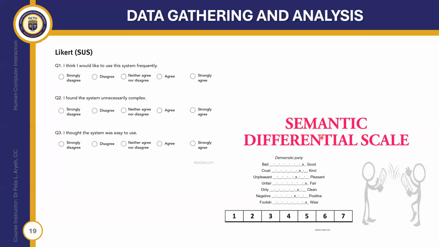This is an example of a semantic differential scale. So in this case, we can see the answers that are available in here. We have about 7 different gaps, which is a scale that has been given here. So you make a choice based on the example given here. So bad, good.